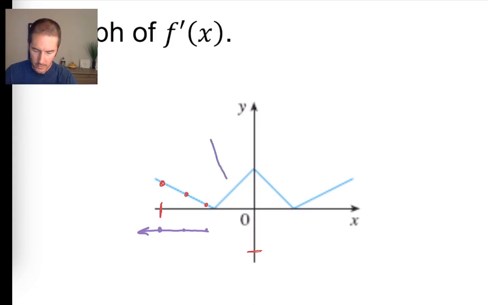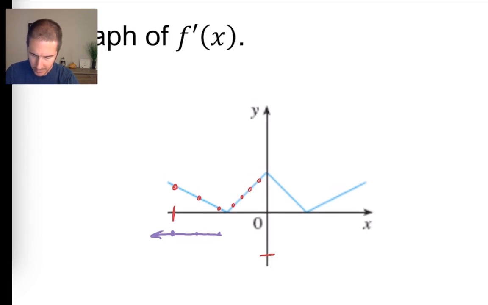Let's now look at this segment right here. At every point on this segment, it looks like maybe we have a slope, or a rate of change, of +1. So I'm going to stick with purple, and I'm going to come up here and say on that entire interval we've got a slope of +1.